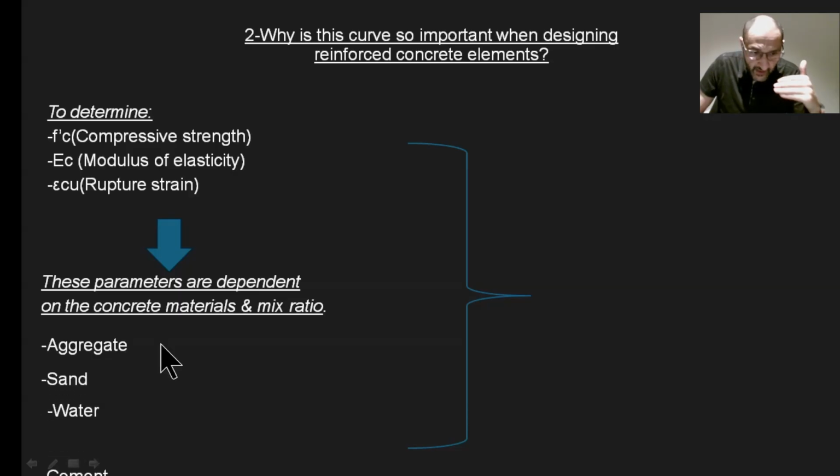Now, when cement and water are combined together, they form a paste that binds the sand and the aggregates together, and this cement water mixture is often referred to as the binder. It's like a polymer because it holds all the components together.